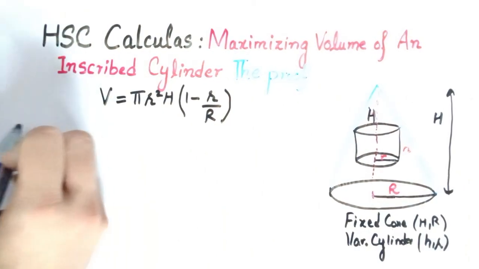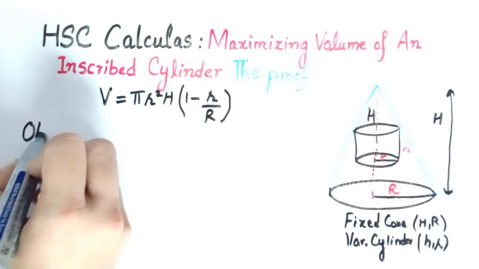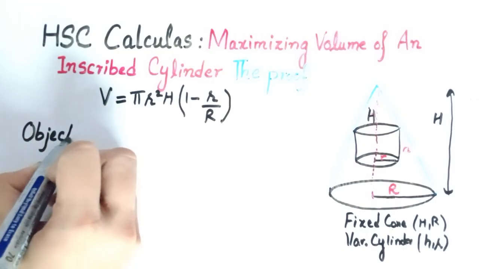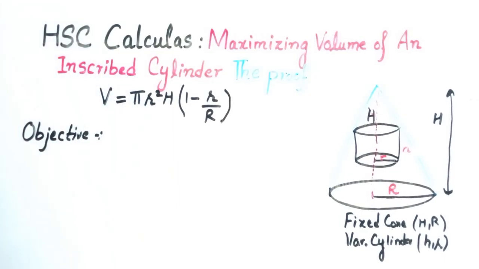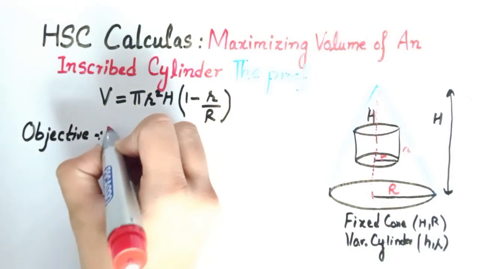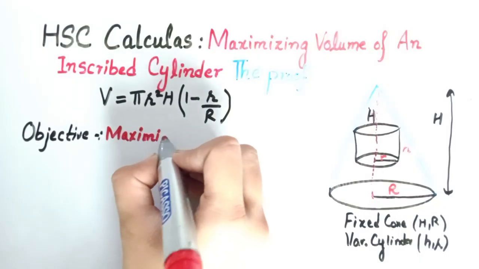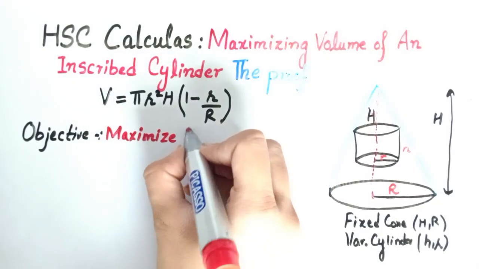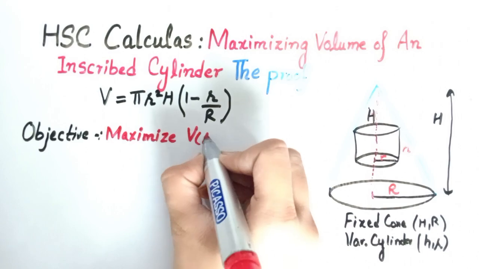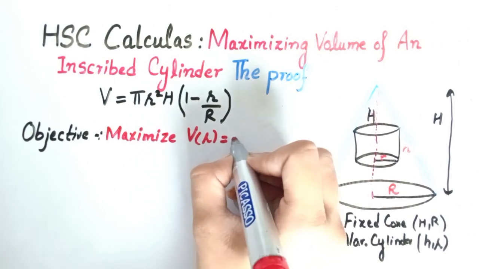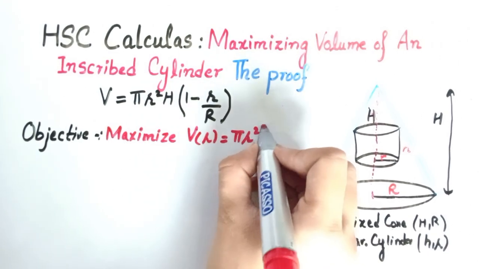Now, what is the objective? The objective is to maximize V of small r equals pi r squared h.